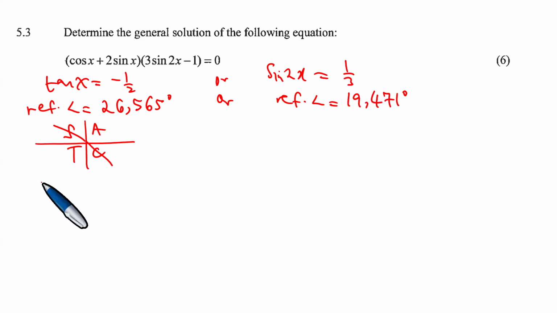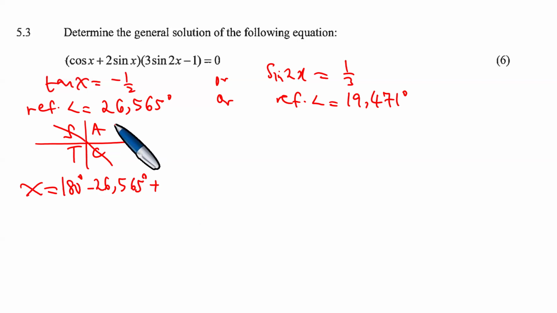At this point, we are interested in the quadrants in which the tangent is negative. Therefore, x equals 180 degrees minus 26,565 degrees plus k times 180 degrees, since the tangent has a period of 180 degrees, where k is an element of the set of integers.